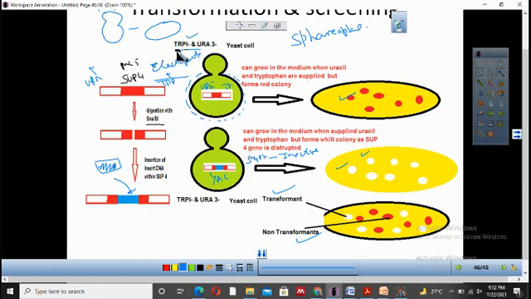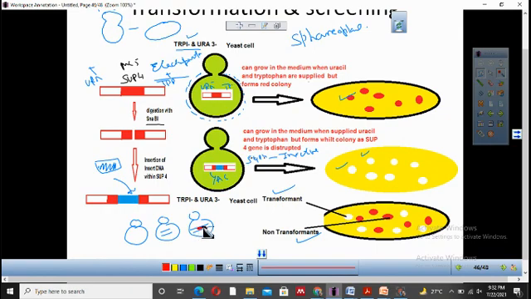This TRP1 and URA3 minus strain is used to differentiate whether the yeast is URA3 minus or URA3 plus. So what will happen if there is no vector, if there is a vector without inserts, and if there is a vector with inserts?